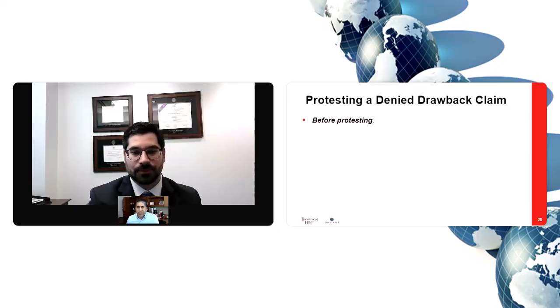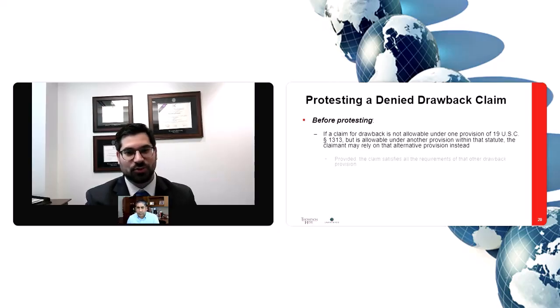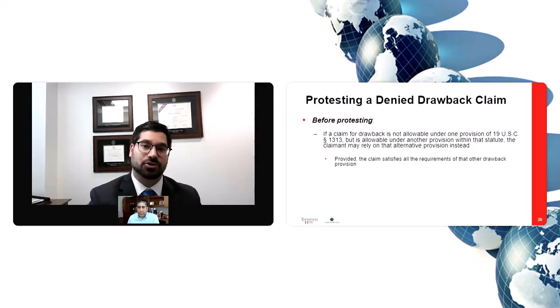Because there is a rule that if a claim for drawback isn't allowed under one provision, but it is allowed under another provision within section 1313, then you could rely on that alternative provision instead. Of course, you would need to demonstrate that you've satisfied the requirements of that other drawback provision.